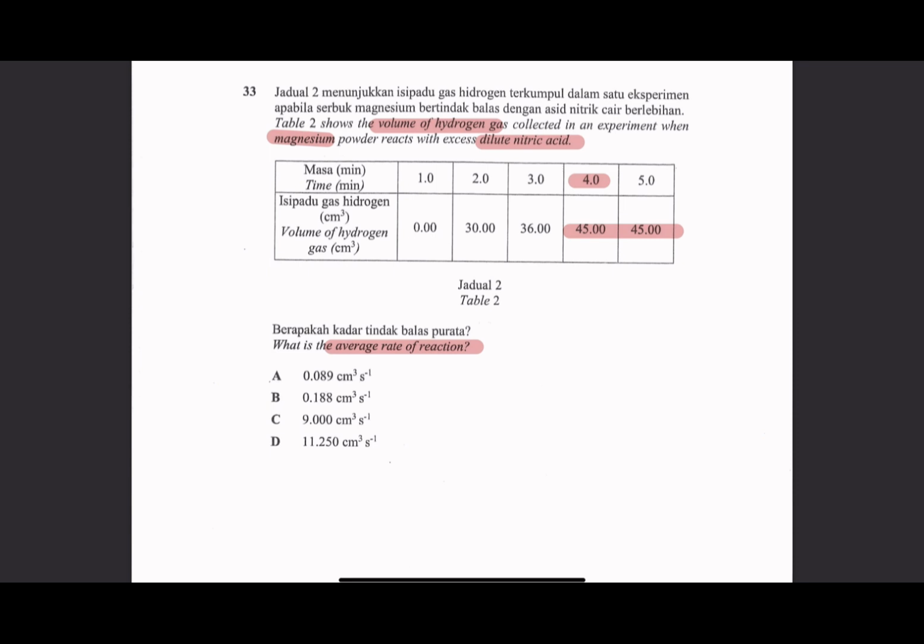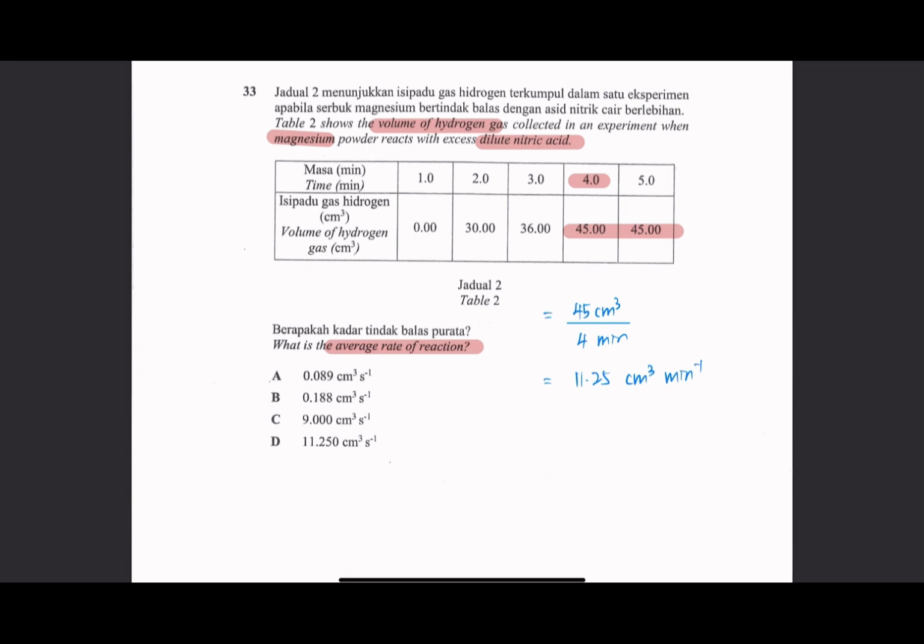You notice that after the 4 minutes, the volume of the hydrogen still remains the same. So our average rate of reaction is 45 cm³ released in 4 minutes. 45 divided by 4, so it's 11.25 cm³ per minute.